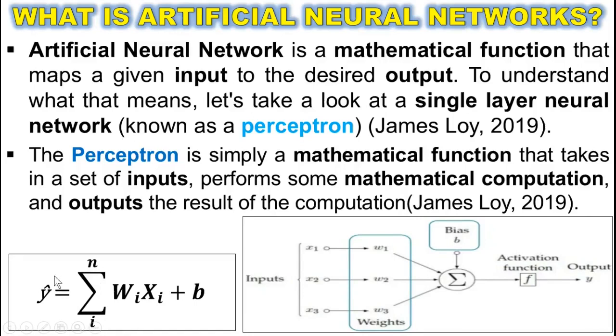The perceptron uses the linear function y hat is equal to the summation of the product w sub i, which is the weights or the slope, and x sub i, which are the inputs, added to the bias b or the y-intercept.